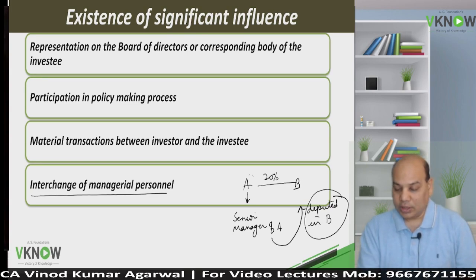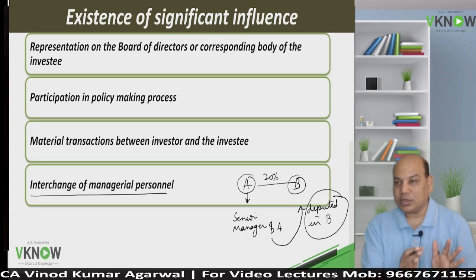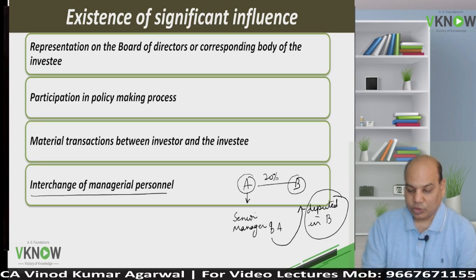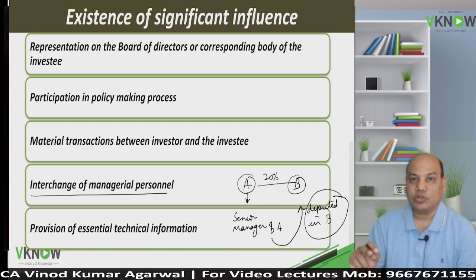In short, A is able to influence B because their key employees are now deputed in B in whatever capacity. So interchange of managerial personnel is also an indication of significant influence.